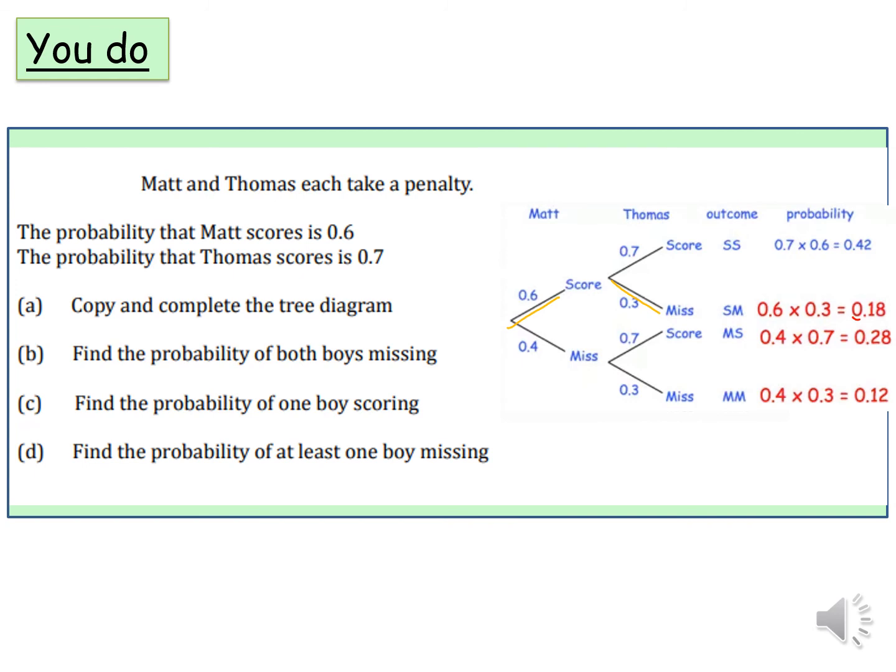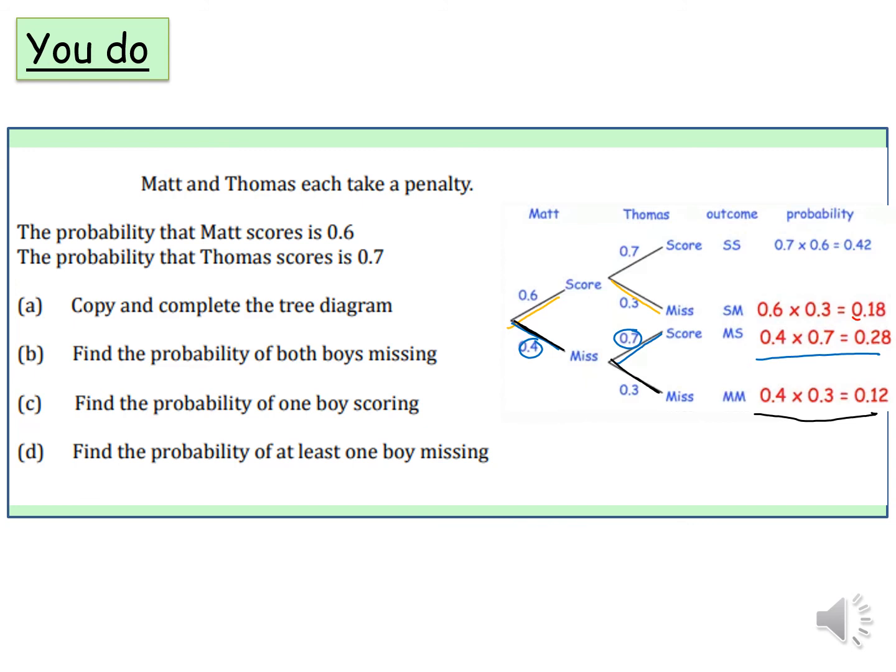And the probability of Matt missing and then Thomas scoring is 0.4 times 0.7, which gives us 0.28. And finally, the probability of Matt missing, which is 0.4, times by the probability of Thomas missing, which is 0.3. 0.4 times 0.3 is 0.12.